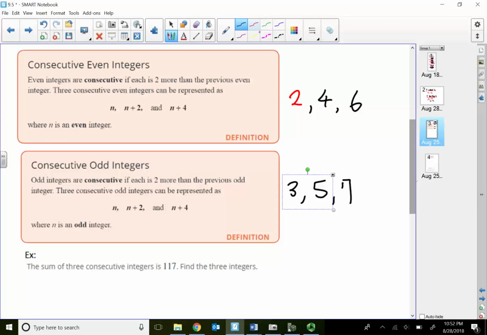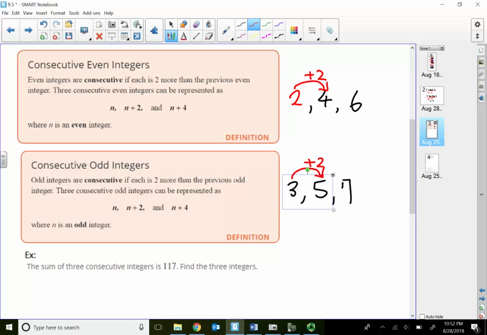If I start with 2 and travel to the next even integer, I have to add 2. If I start with 3 as the first odd integer, to travel to the next odd integer, I also add 2. So you see that consecutive even and odd integers have the same setup.